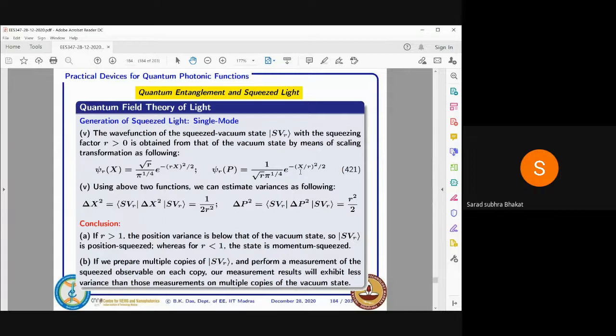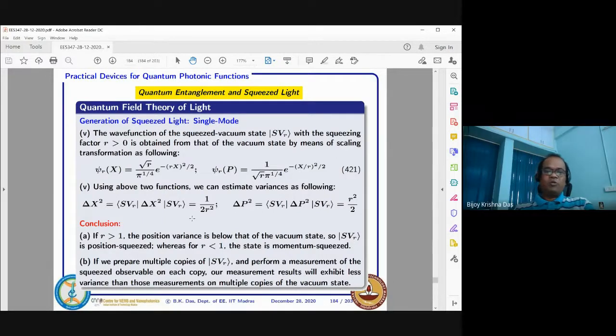But sir, R equal to 1 means no squeezing. Yes, true. So it is actually greater than 0, right? If it is exactly R equal to 1, then it makes no sense, right? Yes, that is true.